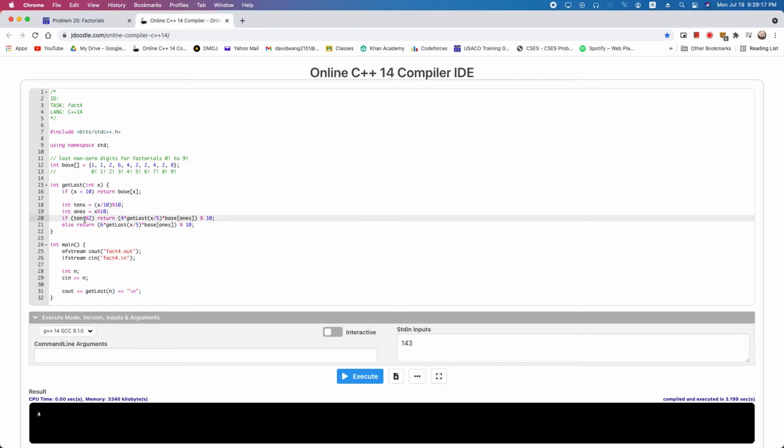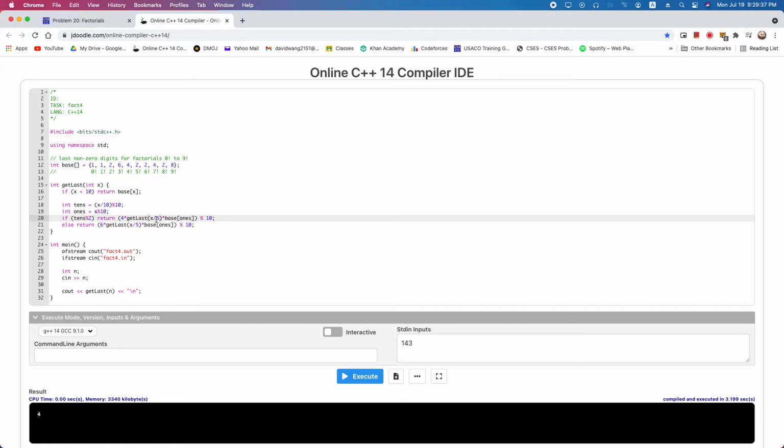And then we have to check if the tens digit is odd or even. If it's odd, then we return this formula, and it's quite complicated. You first multiply by 4 and then get the last digit of x divided by 5.